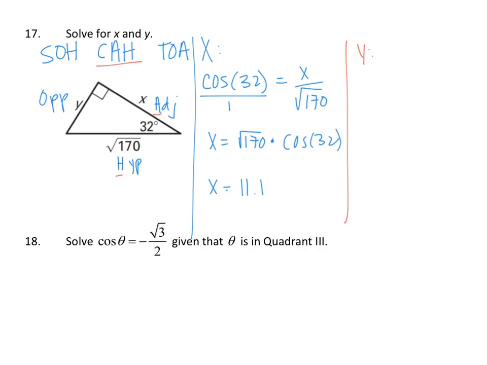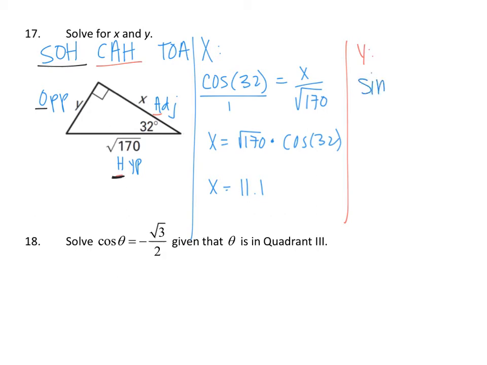So here I'm going to erase some of my markings for the next one. Oh, it's not letting me erase. Okay. So for y, that's my opposite, and I still have the hypotenuse. So opposite and hypotenuse, I'm going to use sine.